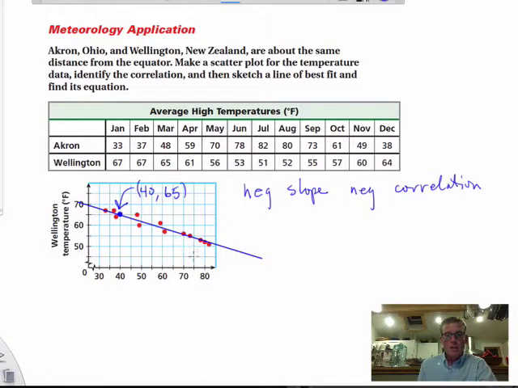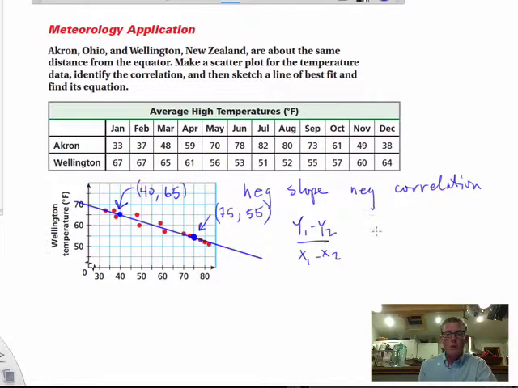And then I can do the same thing over here where I can grab this point on the line, and that point right there is going to be 75 in the x direction, and then in the y direction it's going to be about 55. Perfect. So now we have two points that we can use to find slope. So we're going to do the good old y1 minus y2 all over x1 minus x2.